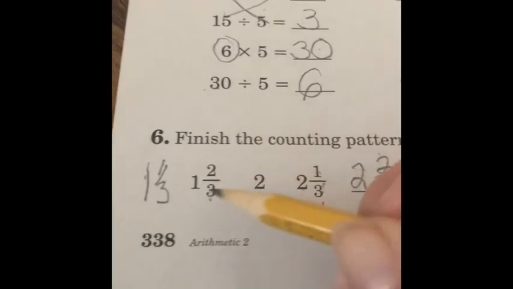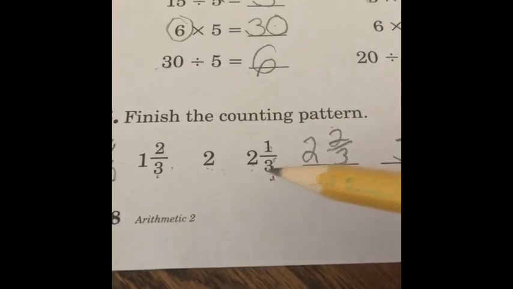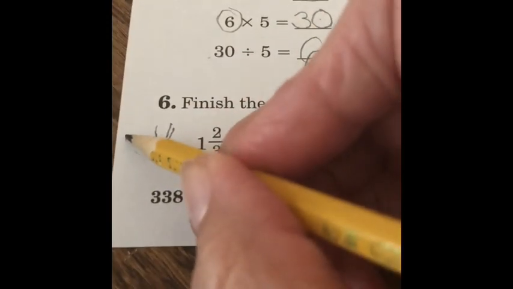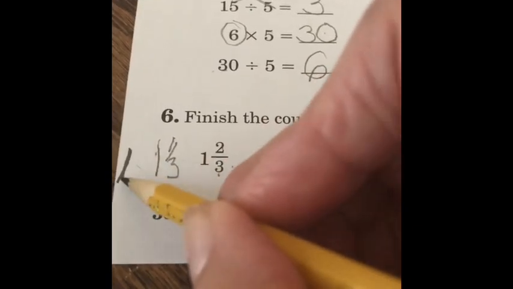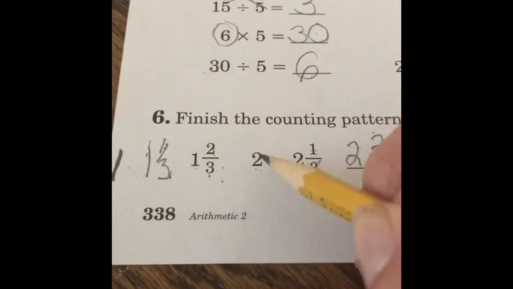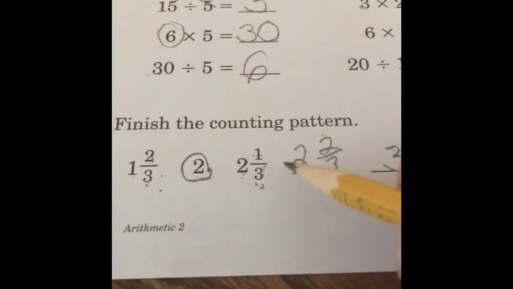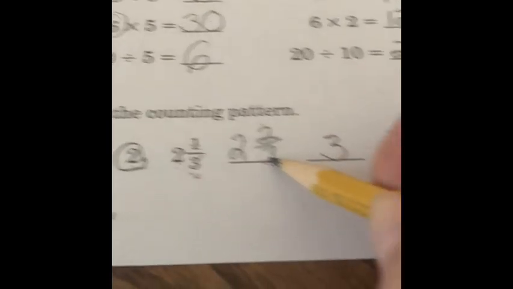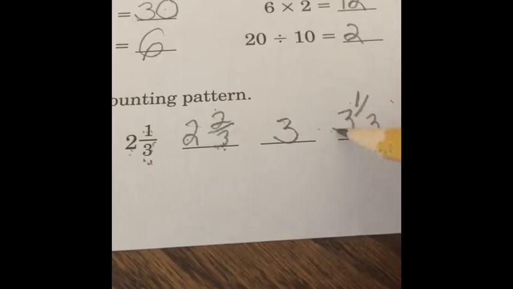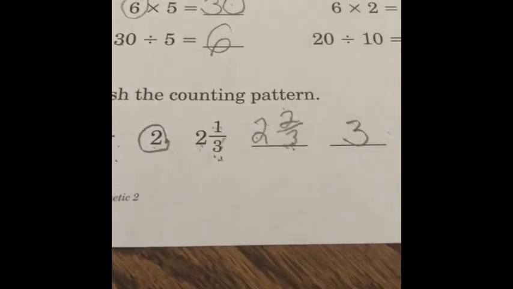So you can see the pattern that I'm making. See, look at the pattern. This should have a 1 in front. So I would have 1, then 1 1/3, then 1 2/3, 2, whole number. 2 1/3, 2 2/3, 3, 3 1/3, 3 2/3. See the pattern I'm following.